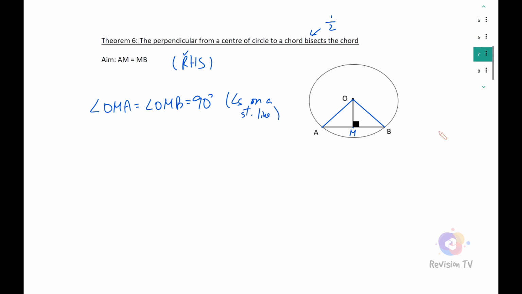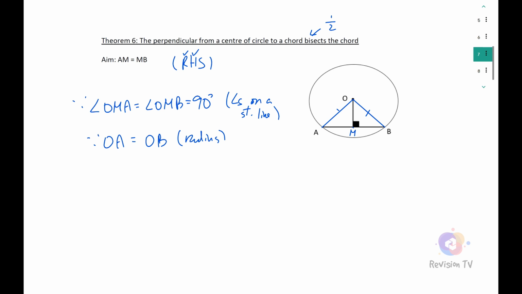We've done the R. H, hypotenuse. Because OA is the same as OB, radius, we've proven they are equal, so hypotenuse sorted. S means a side. You can't use AM and MB because that's the whole point of the proof.